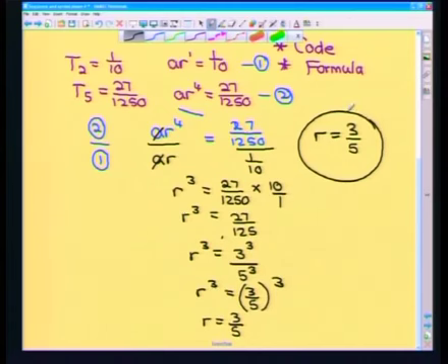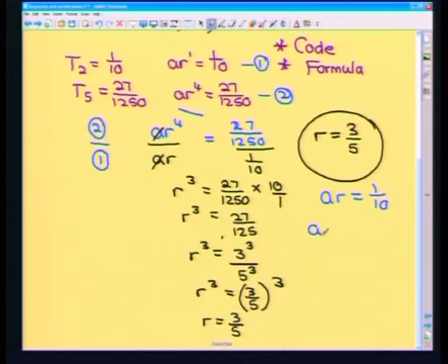Now, we have to still find our a because the question asked me to find a and r. Now, at this stage, I'd look at this and I'd decide which of these 2 equations is the easiest one. And definitely equation 1 is the easiest of the 2. I know, and let's put this in blue so you can see I'm working on the a, that ar equals 1/10.